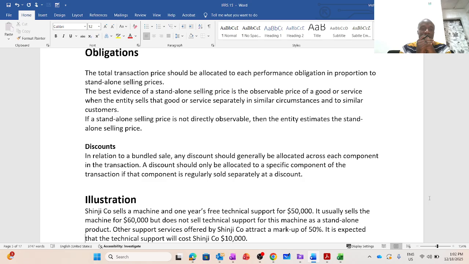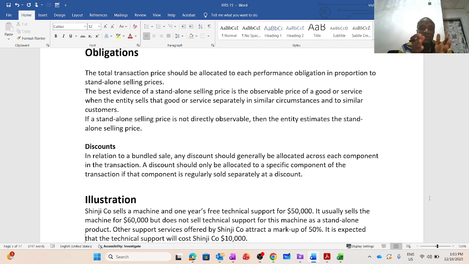If a product is being sold separately at a discount without the combined sales, then we need to allocate the discount to that particular product. A discount will only be allocated to a specific component of the transaction price if that component is regularly sold separately at a discount.